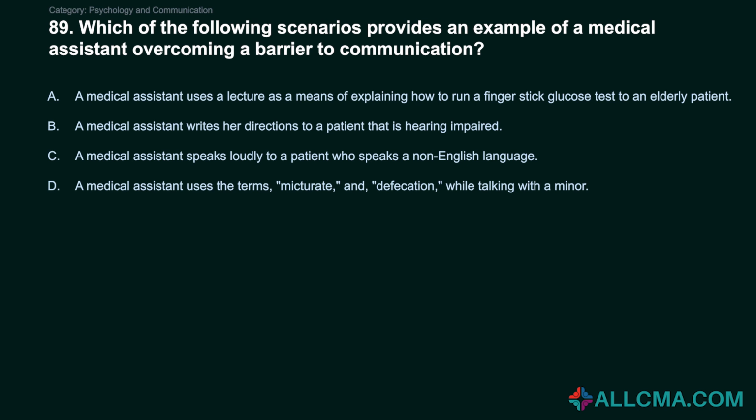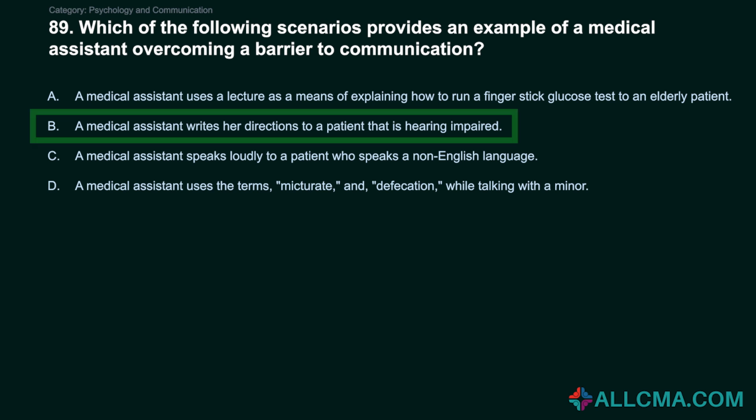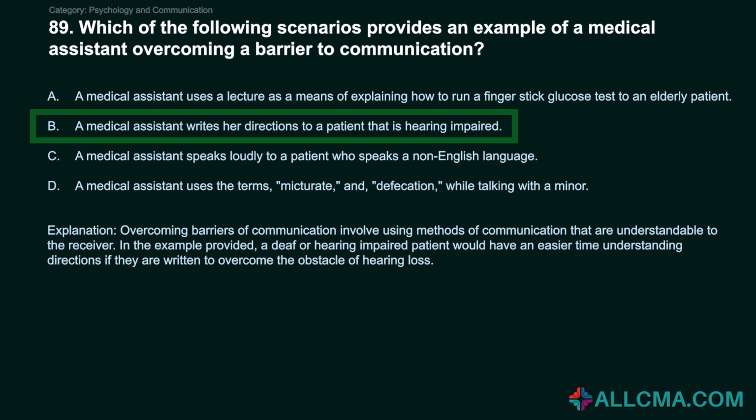D. A medical assistant uses the terms micturate and defecation while talking with a minor. Correct answer: B. A medical assistant writes her directions to a patient that is hearing impaired. Overcoming barriers of communication involve using methods of communication that are understandable to the receiver. In the example provided, a deaf or hearing impaired patient would have an easier time understanding directions if they are written to overcome the obstacle of hearing loss.